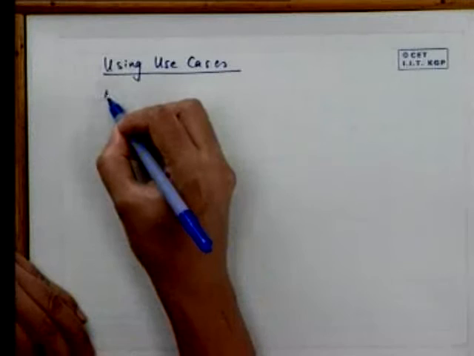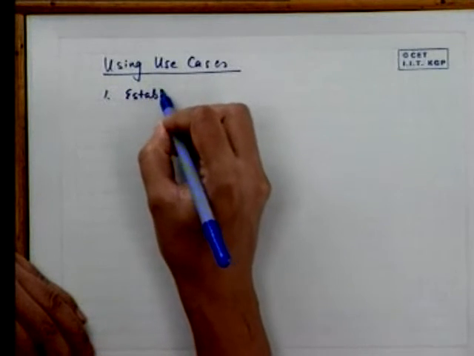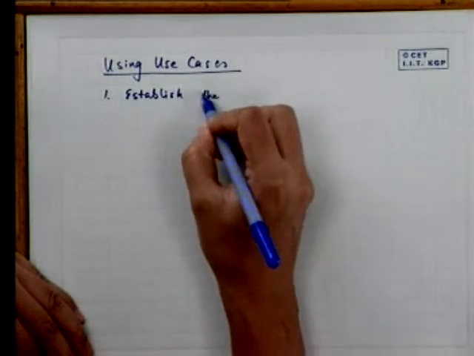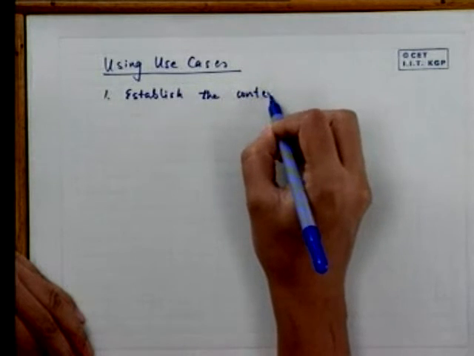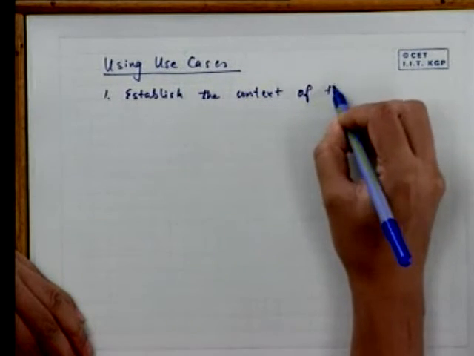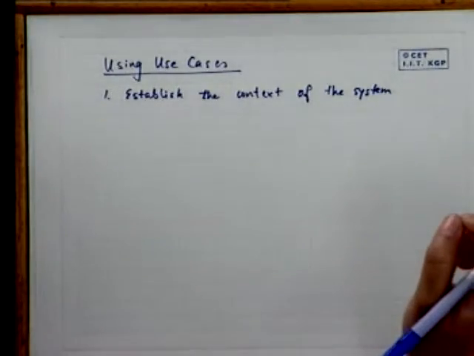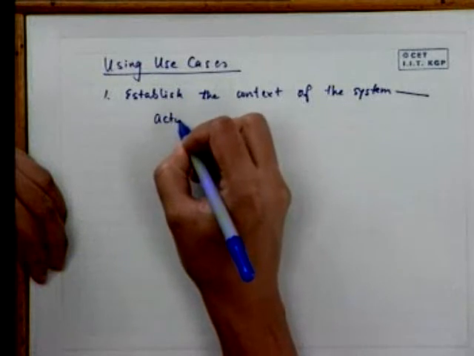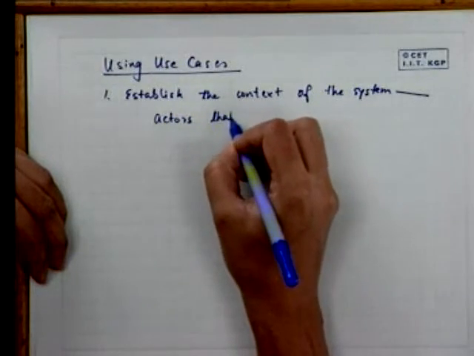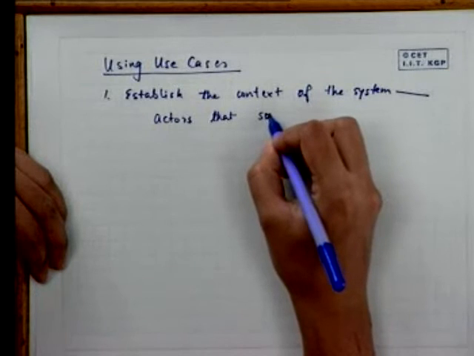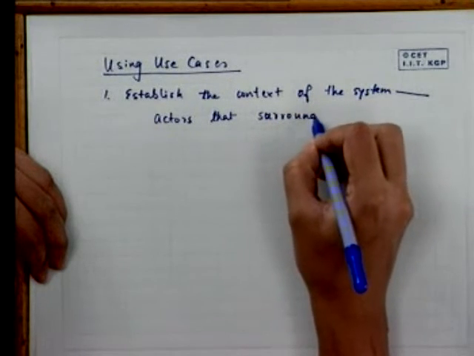In order to use a use case, first it is necessary to establish the context of the system. And how is the context of the system identified? First you identify the actors that participate in the system. The actors surrounding the system have to be identified.